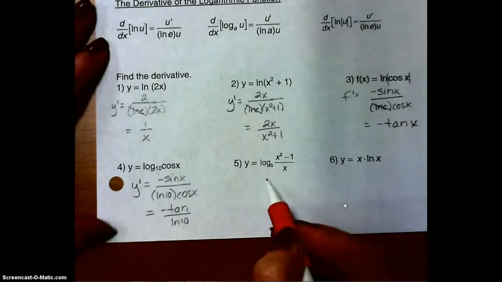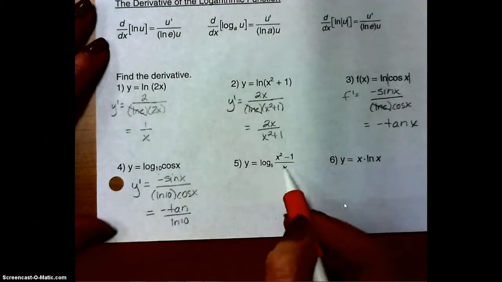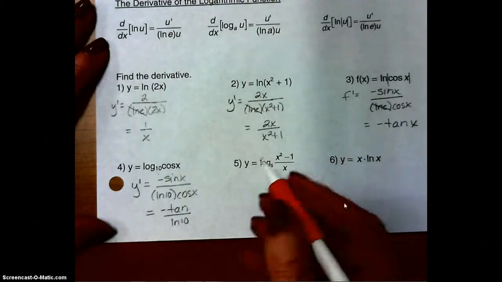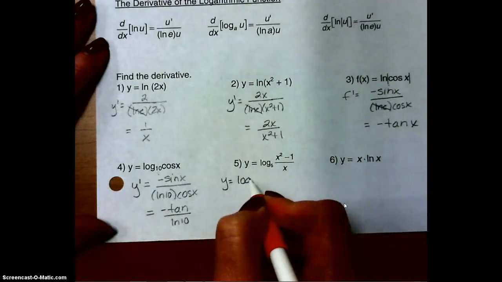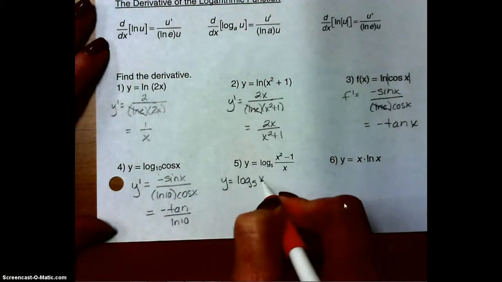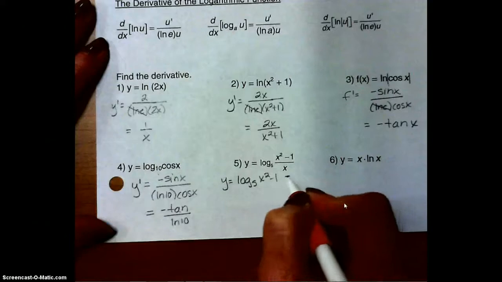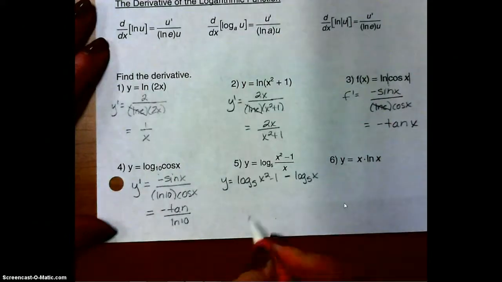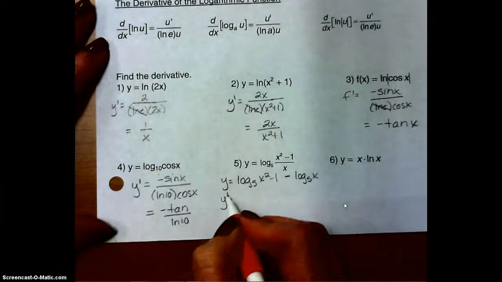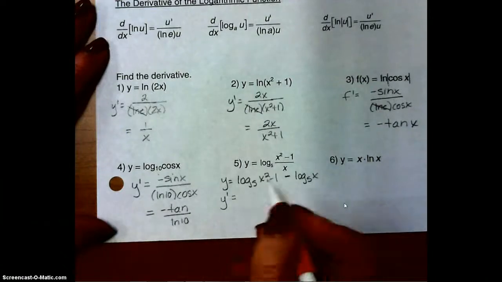Okay, here's where your log properties come in to help you, because this is a quotient inside a log and we don't want to do that. So before we start, we want to go ahead and expand it using our log rules. Then we have two fairly straightforward log problems.